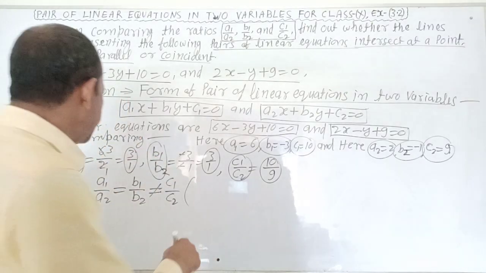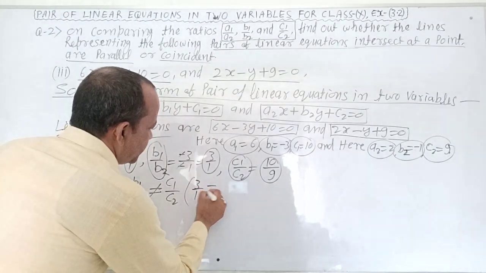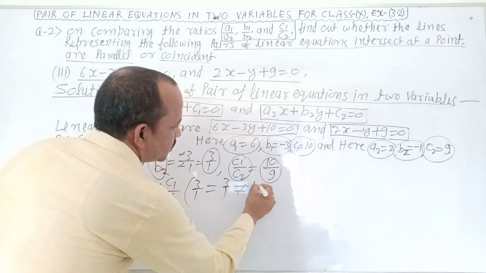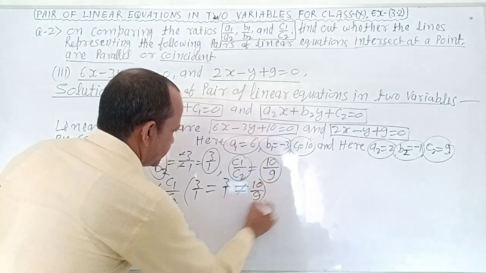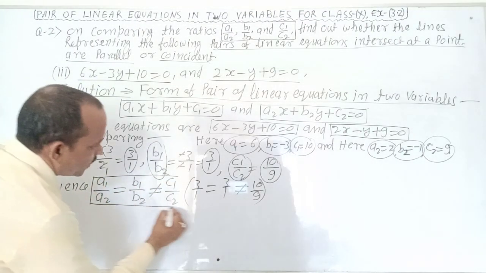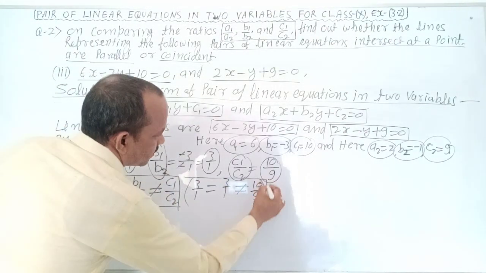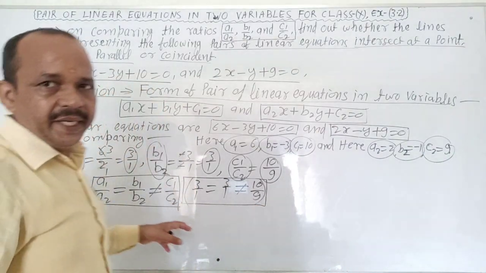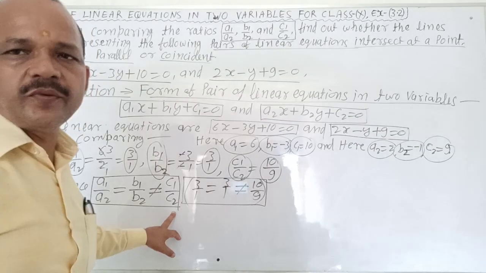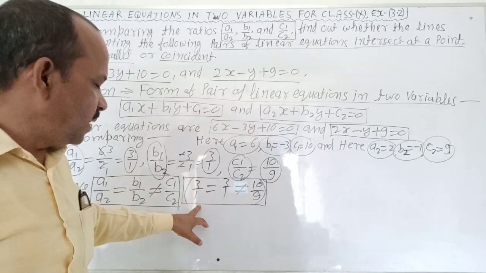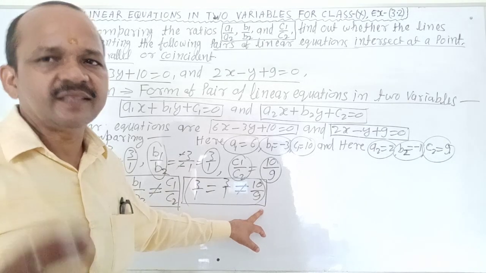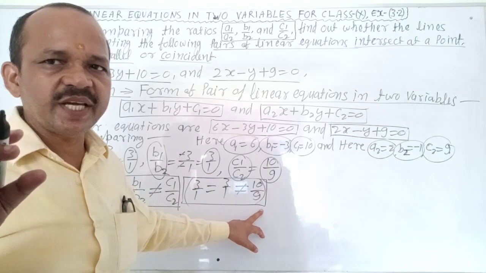You can write here 3 by 1 equals 3 by 1, not equal to 10 by 9. By comparing you find a1 by a2 equals b1 by b2, not equal to c1 by c2. 3 by 1 equals 3 by 1, not equal to 10 by 9. It is clear? No confusion about it?